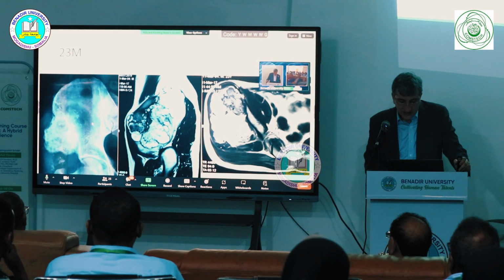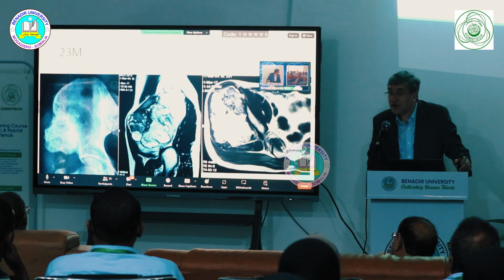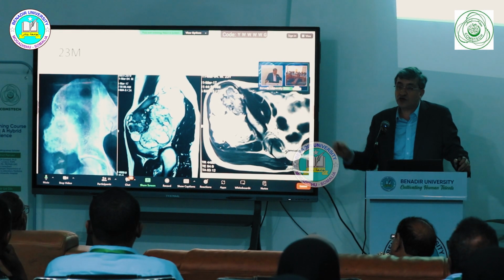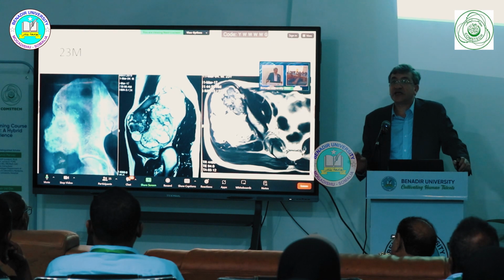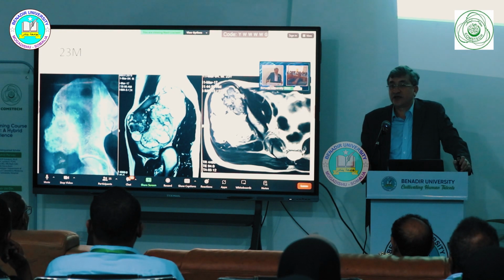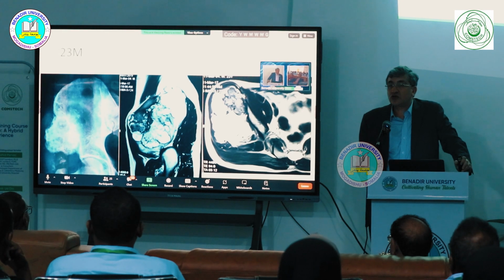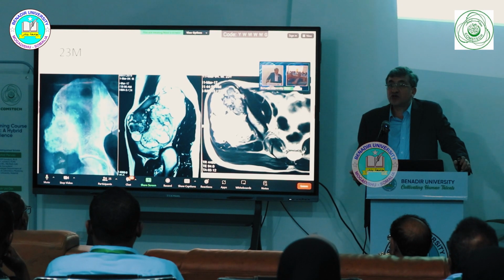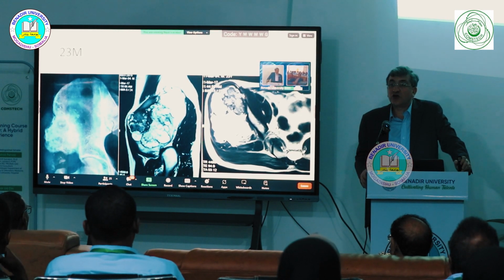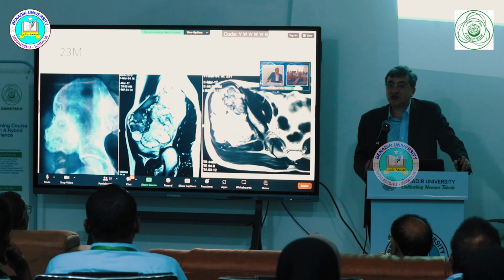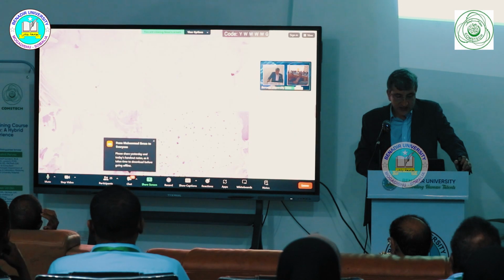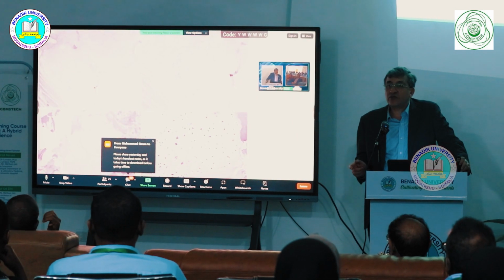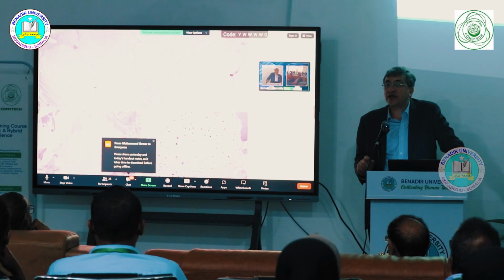On CT scan, you can see this multi-nodular tumor. Remember, the patient is young. So osteochondroma occurs in a younger age group and chondrosarcoma occurs in an older age group. So this patient is just 23, and this is chondrosarcoma developing in an osteochondroma.